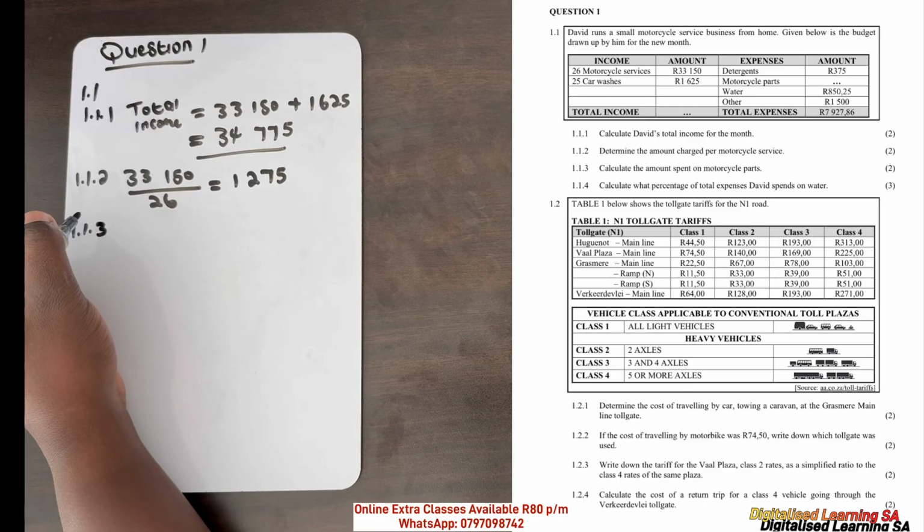Question 1.1.3 says calculate the amount spent on motorcycle parts. Now we are moving to expenses. The amount for motorcycle parts is missing, but we are given the total expenses, meaning that if we subtract everything else from total expenses, we get the missing value.